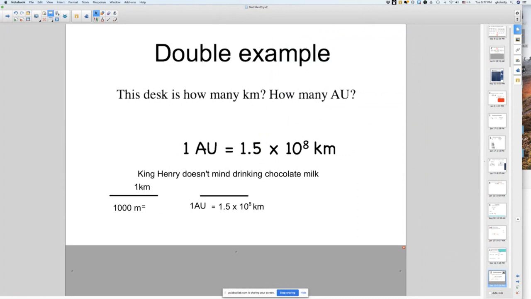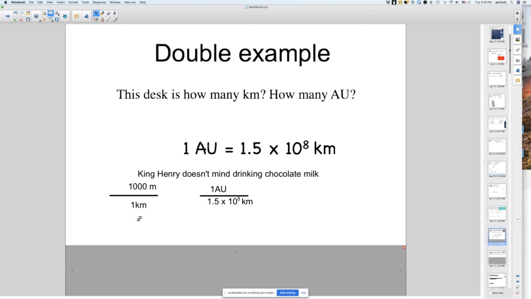We can say 1 kilometer, right? Or we could say the other way around. The whole point is that first we need to get a number and convert it to kilometers. Now let me check my numbers here.